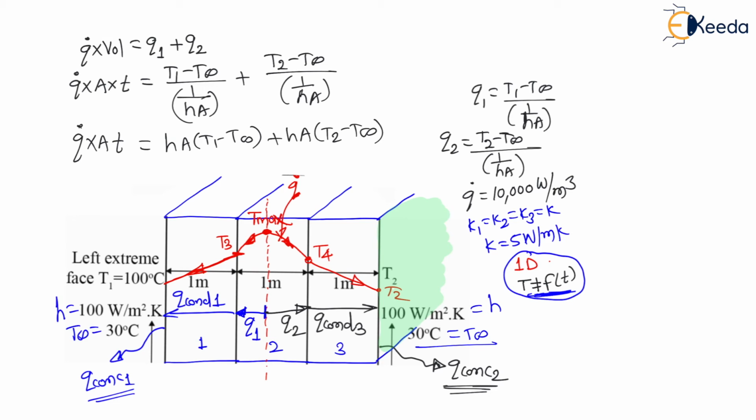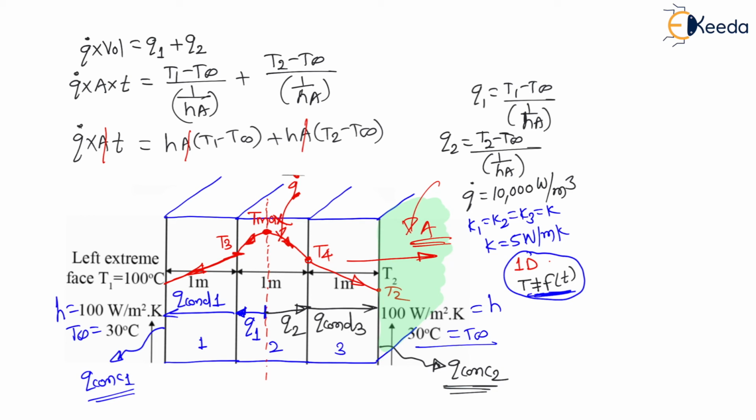From both sides area will get cancelled, because for conduction also the same area is the perpendicular area to the conduction. Here this is the direction of conduction, therefore this area is perpendicular to the conduction, right? And the same area is available for convection also, because between the surrounding fluid and this area only there is convection.